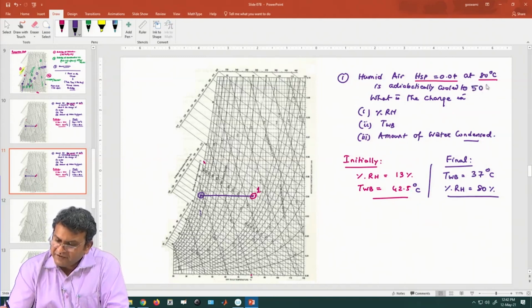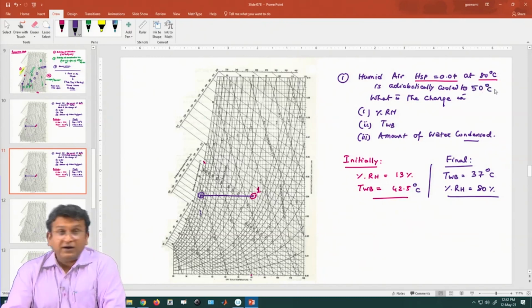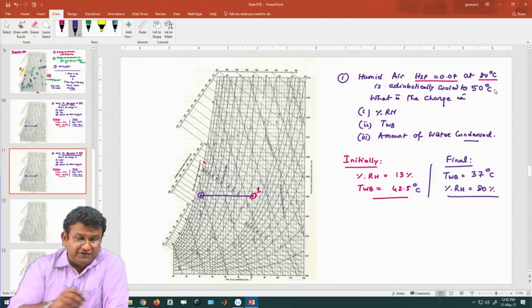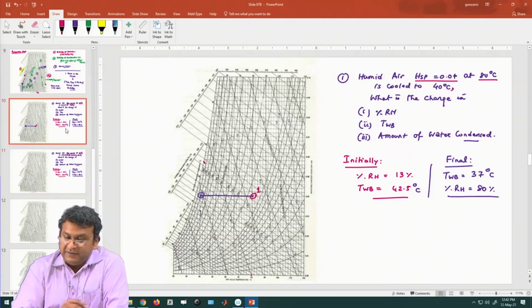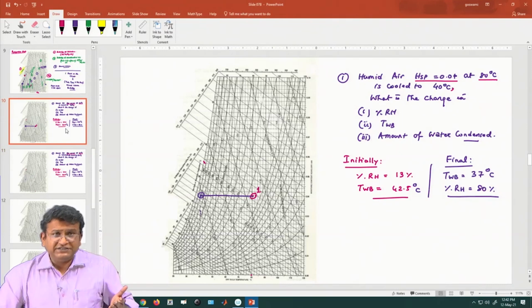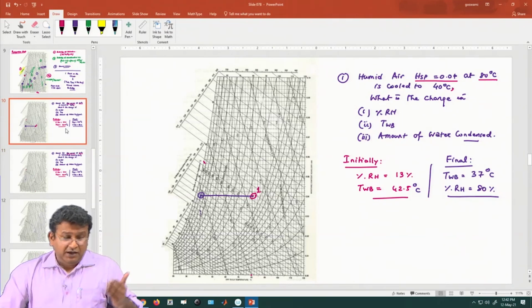I am just changing the number for some reason. What is the change? So, adiabatically cooled. The first problem is over, where we just mentioned that it is cooled. If it is mentioned it is cooled, you just look into the change in the dry bulb temperature.